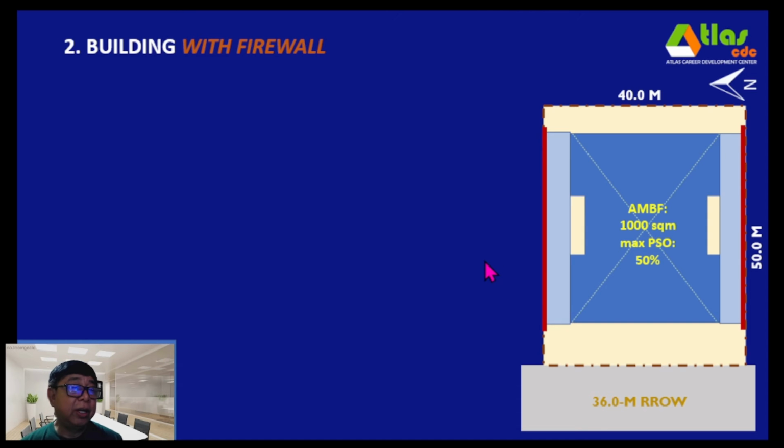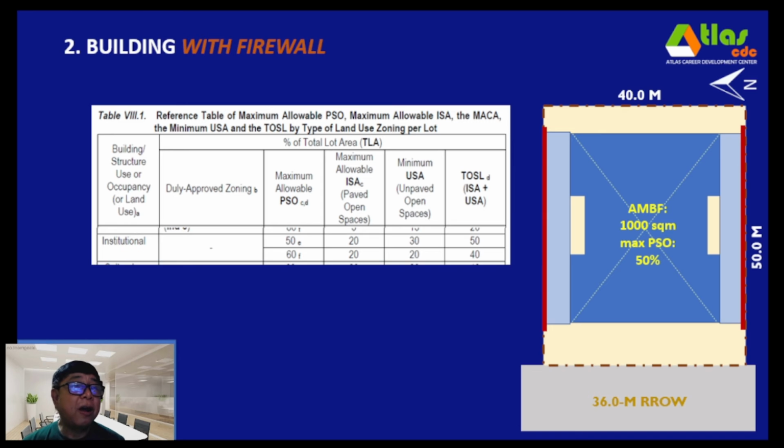So in this case, wherein the maximum PSO without firewall is based on the table 8.1, not on the minimum setbacks, when we determine the value without firewall, we also have to make use of the same table.